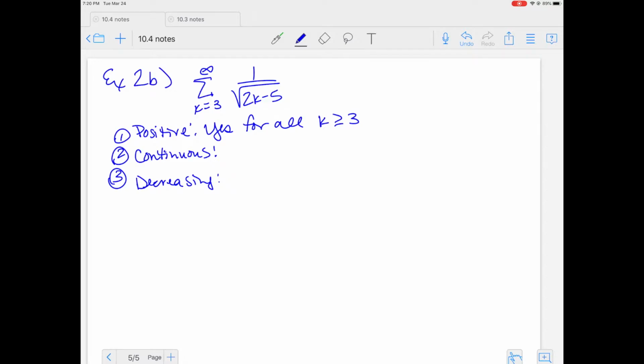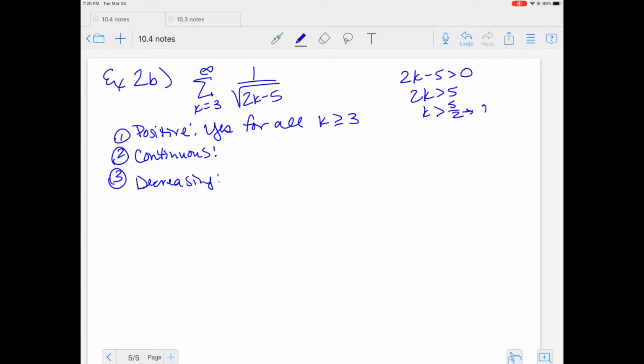Is this continuous? Is there any possible way for the values for k is equal to 3 to infinity that I can get a 0 in the denominator? No. So if I could have 2k minus 5 has to be greater than 0, right? So if I add 5, divide by 2, k is greater than 5 halves.